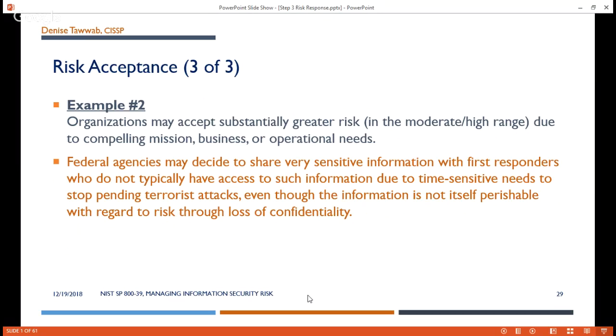So we're sharing information that we would normally keep confidential with first responders because we've got a pending terrorist attack. The information, of course, isn't going to be destroyed as it might be in an earthquake or some sort of more physical disaster, but we're risking the loss of confidentiality by sharing it with parties who would not normally have access to that information.